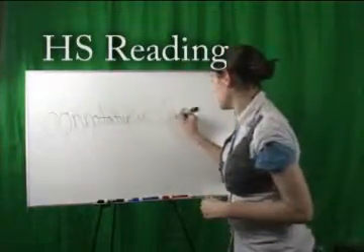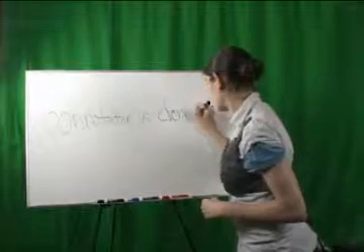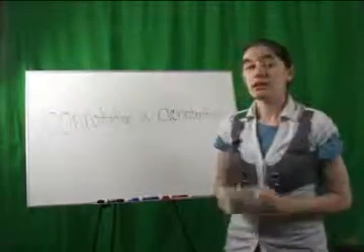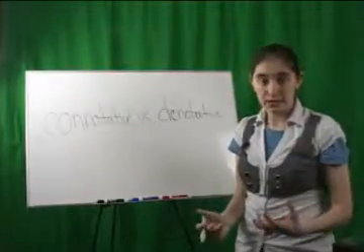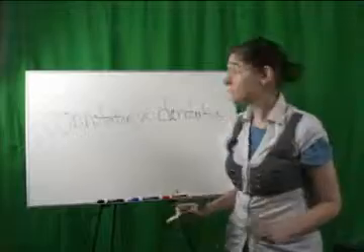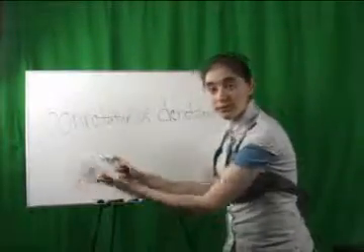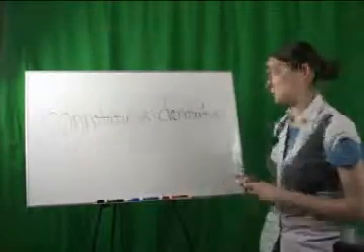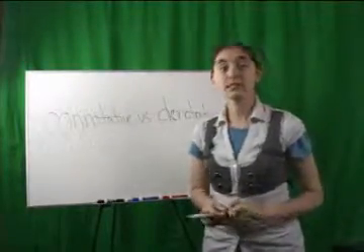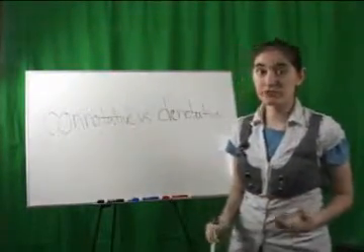Connotative versus denotative meanings. When you are reading something or when you are writing something, there are always two ways to look at it. You have a connotative meaning of a word and a denotative meaning of a word. A denotative meaning of a word is the definition you will find in the dictionary.